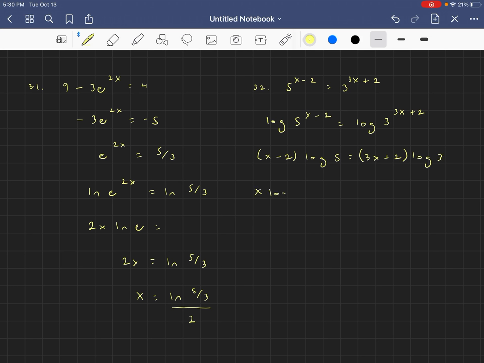Distribute. I'm going to get the x terms on the same side. This little rascal's got to go. And I'm going to get my numbers on the same side. This fella here will have to go.